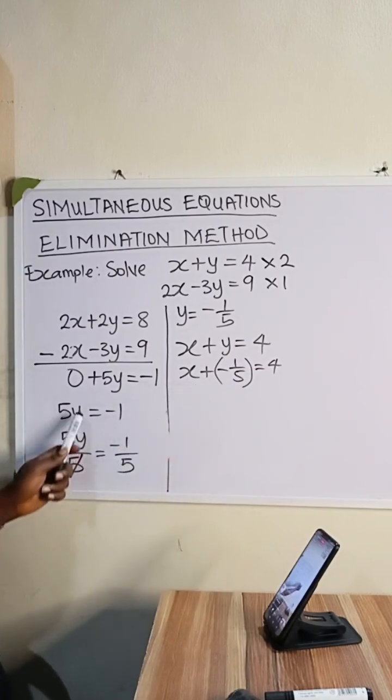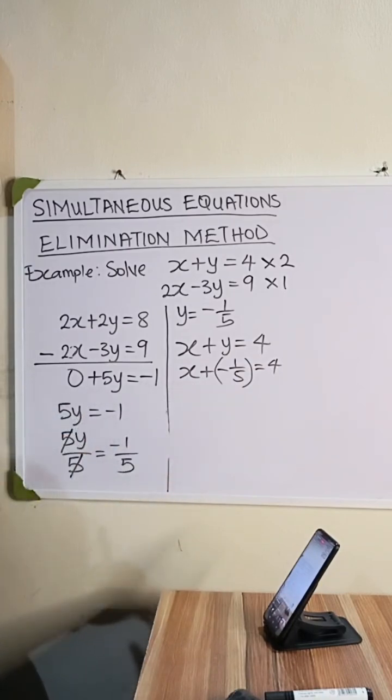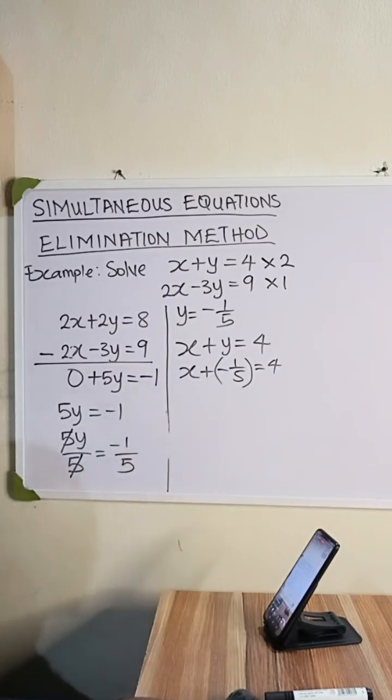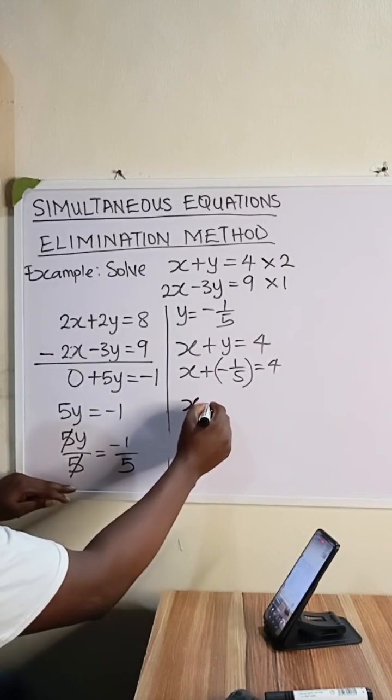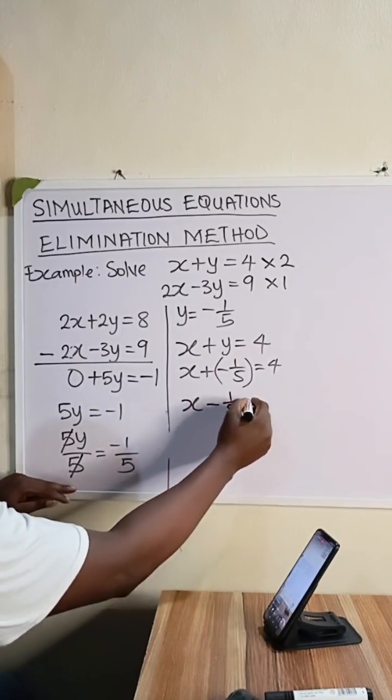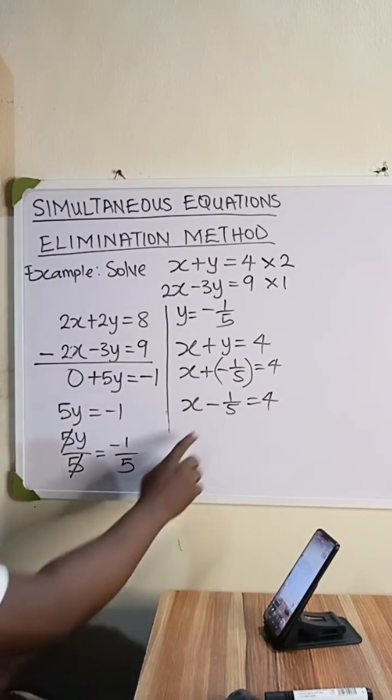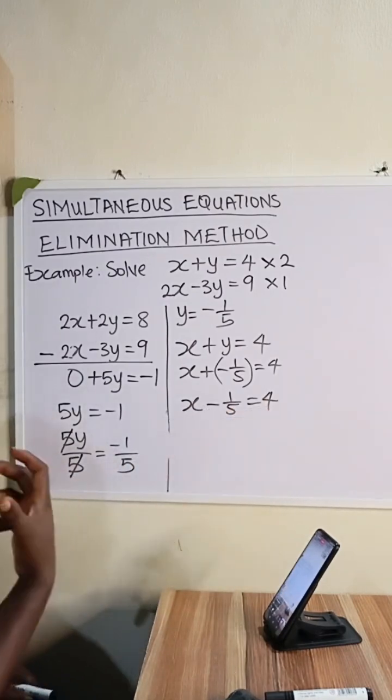Then, just as we did in the previous situation, here we have plus times minus, and that will give us minus. So we have x minus 1 over 5 is equal to 4. When you move minus 1 over 5 to the right, it becomes a plus.